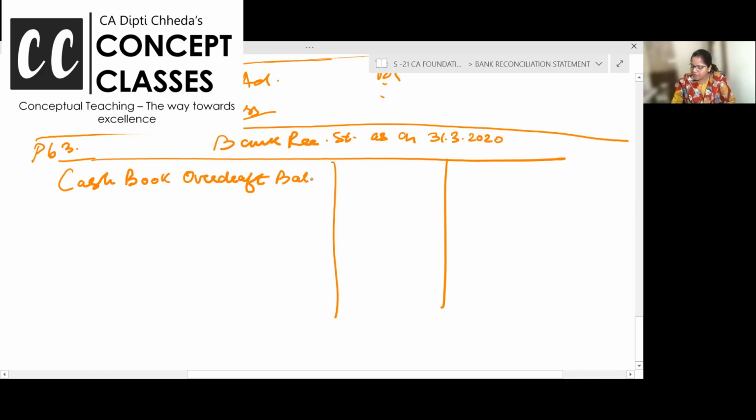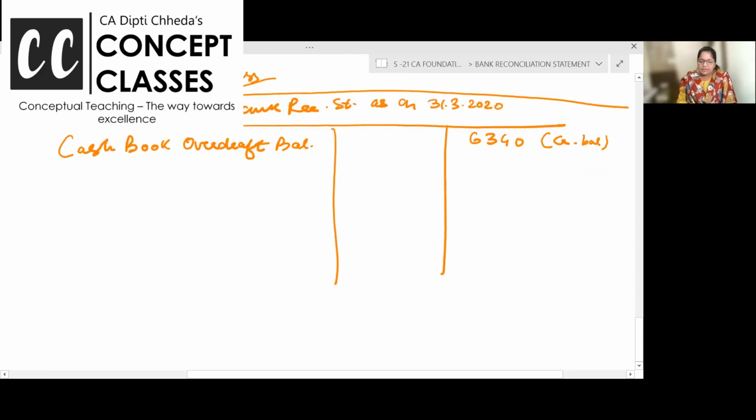Cash book overdraft balance 6340. Overdraft means credit balance. If you want, write and keep. Overdraft means credit balance. Normal balance is always debit. Now, some adjustments are there to add and some to less.